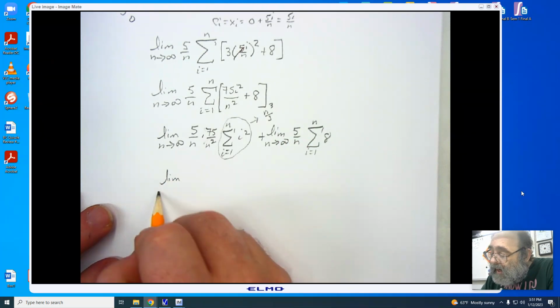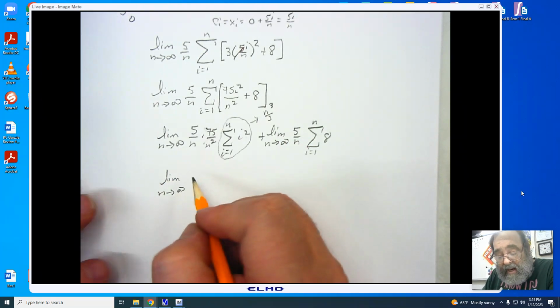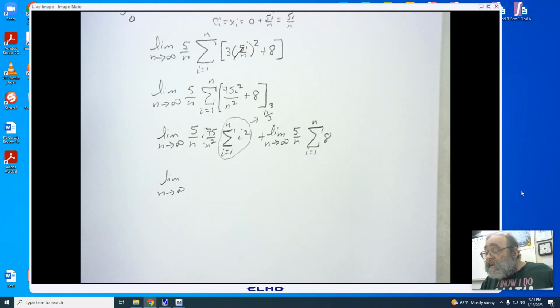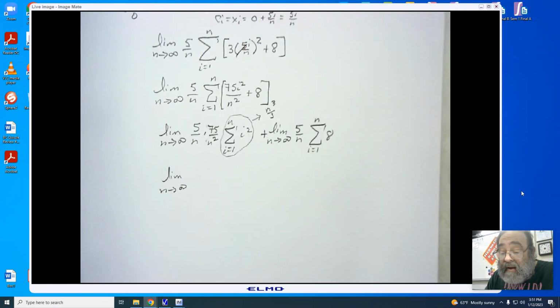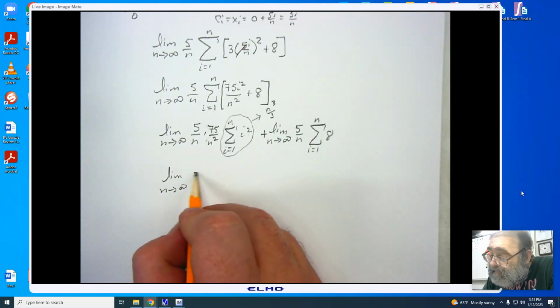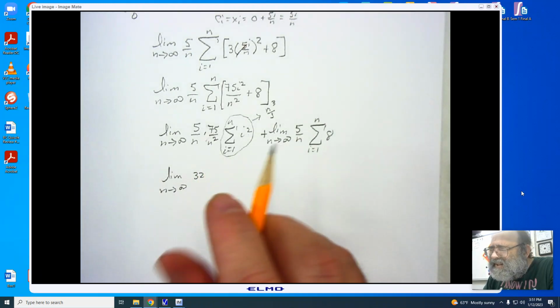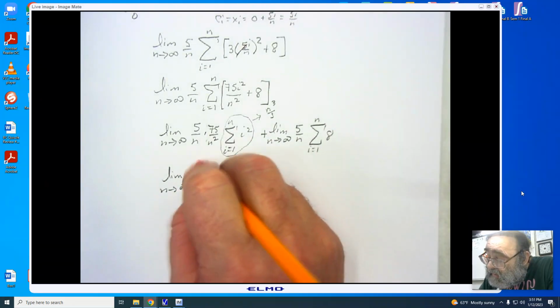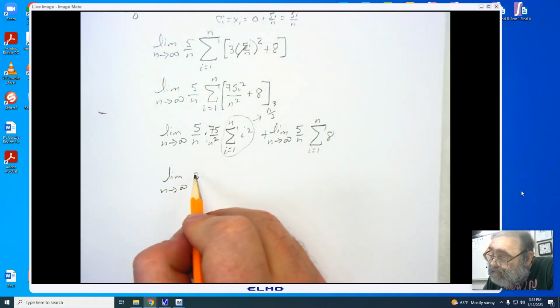Limit as n approaches infinity. And now we have to multiply our 75 times 5. Now this is 325. 375, excuse me. Don't forget to carry your value.